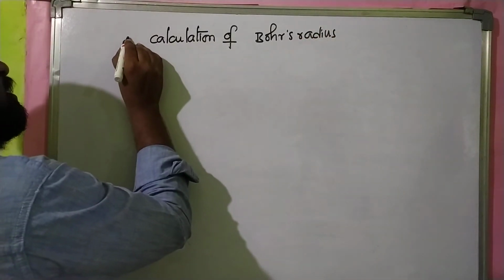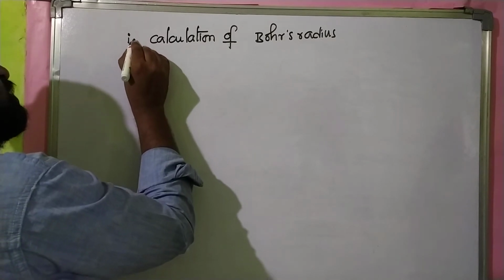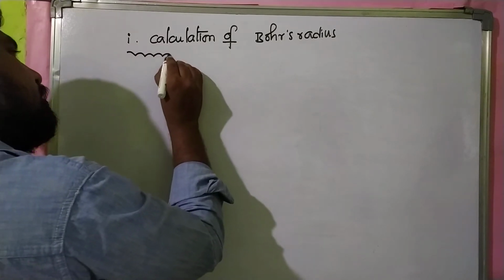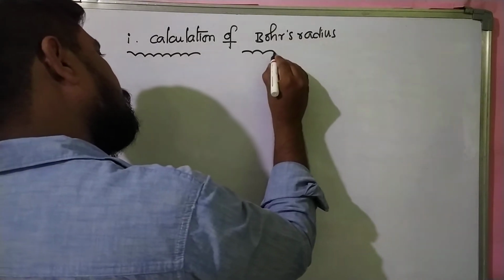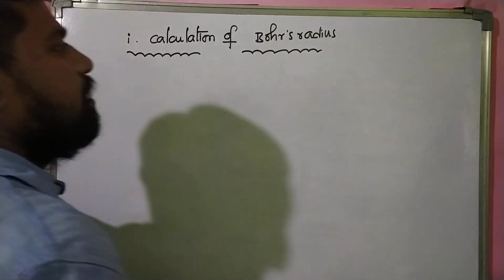So this is the first mathematical expression. Very very important, Bohr's radius. Listen everybody.